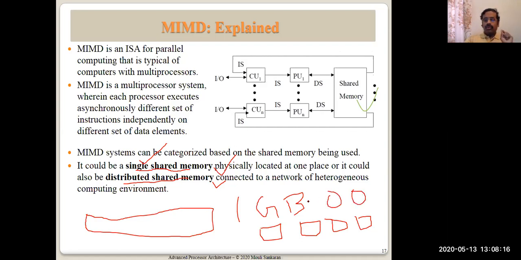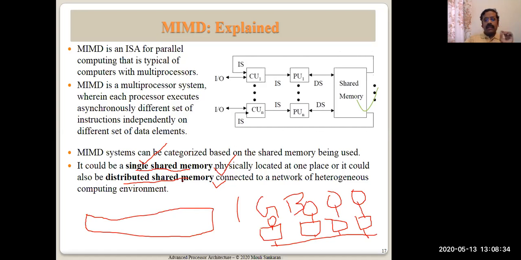Suppose I have 4 cores, CPUs shown as circles, and these are all memories. I may connect these processors together, whereas other memories are connected to a shared bus. Let me explain with a picture later on.